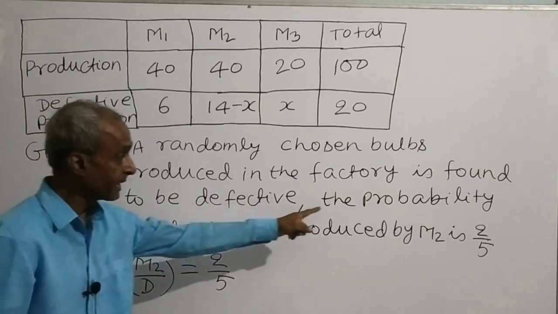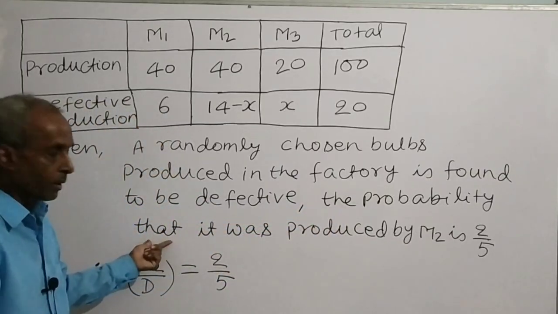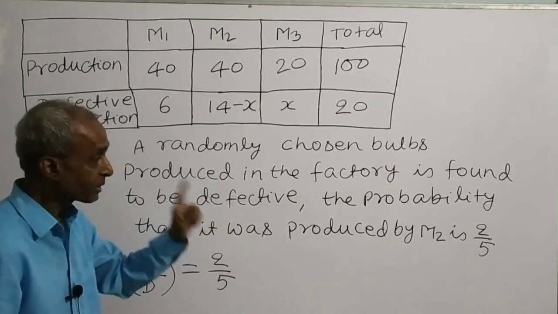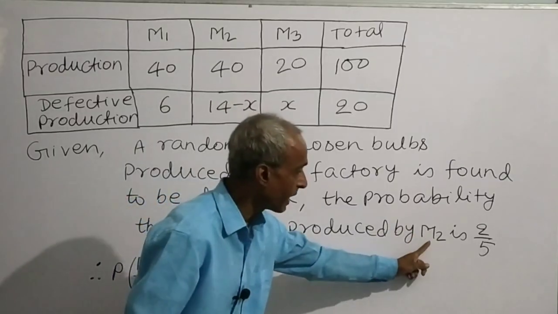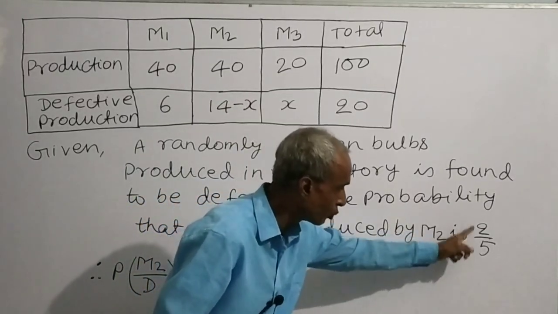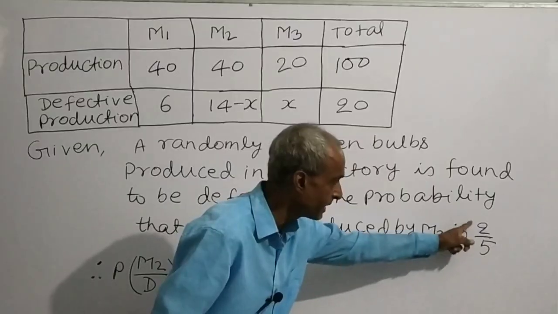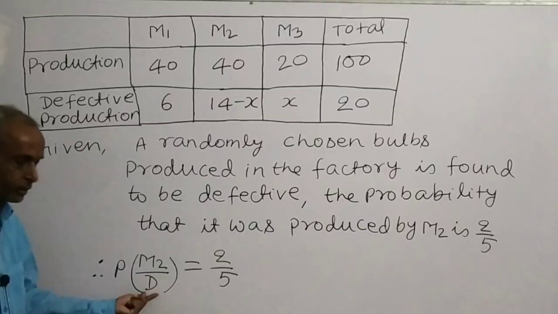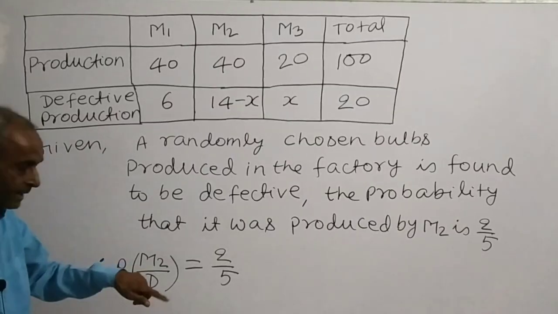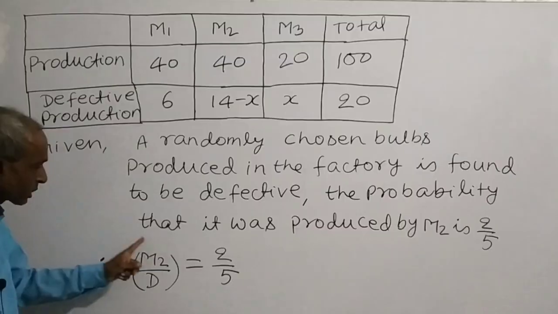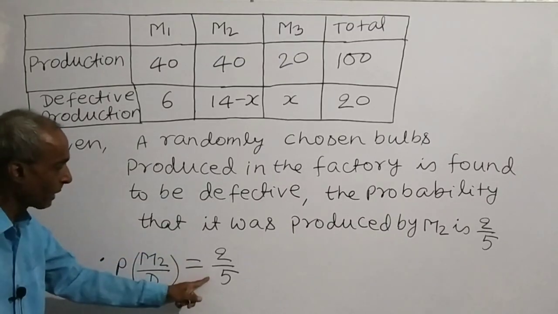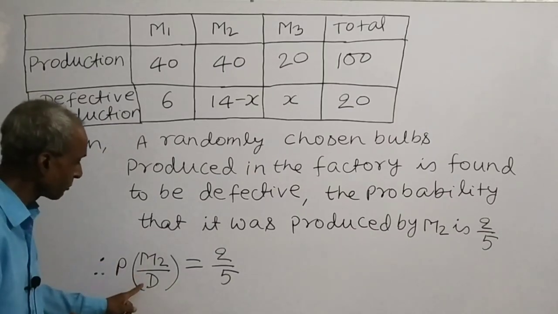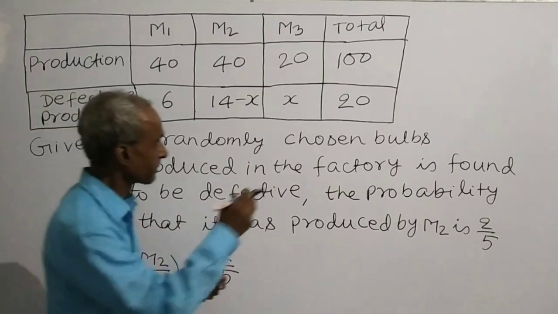Then the probability that this defective bulb was produced by M2 is 2/5. This is given in the question. Probability of M2 given D is equal to 2/5.